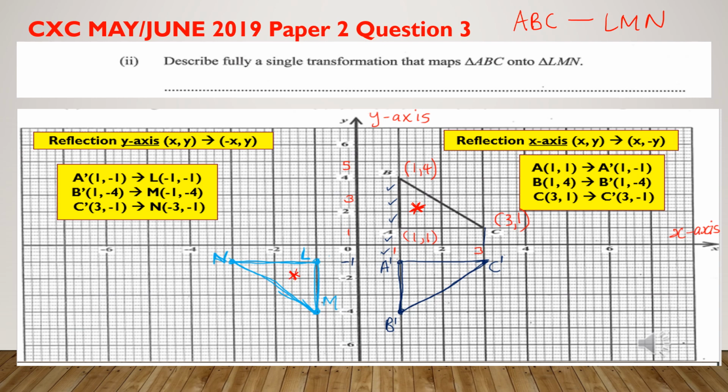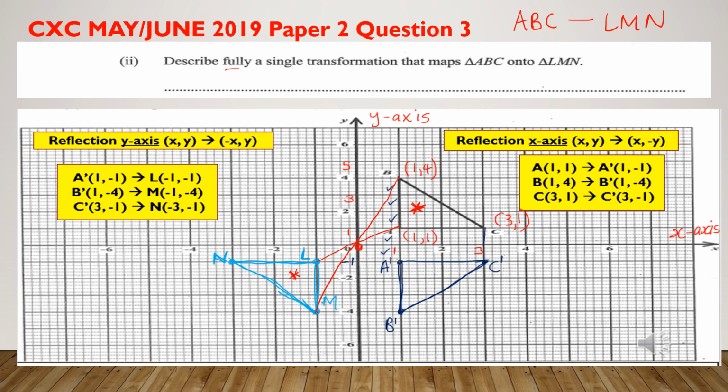A is now L, and B is now M. Let's connect that. You would of course have a ruler in the exam, and you notice that it's passing through the origin, and the type of angle is a straight angle.